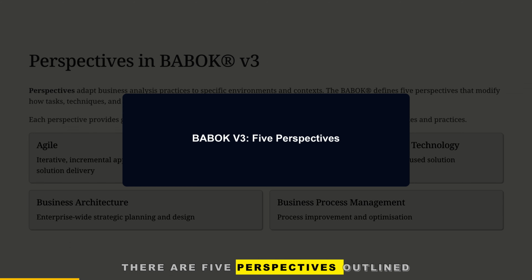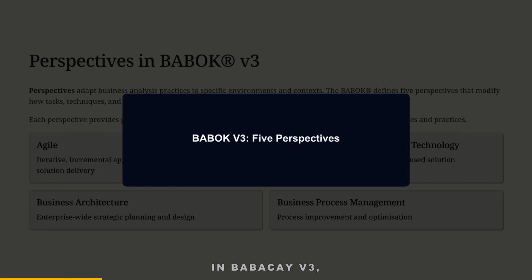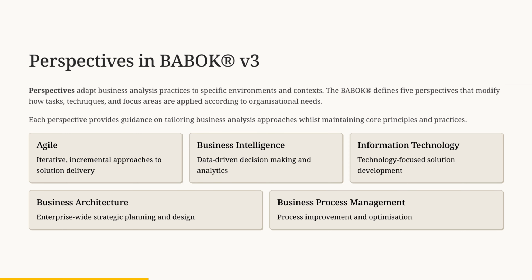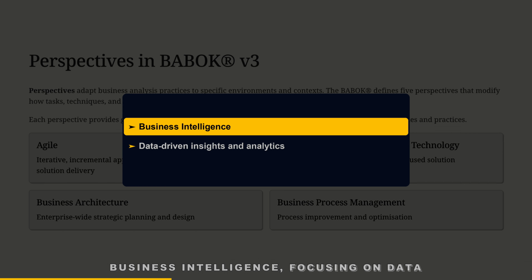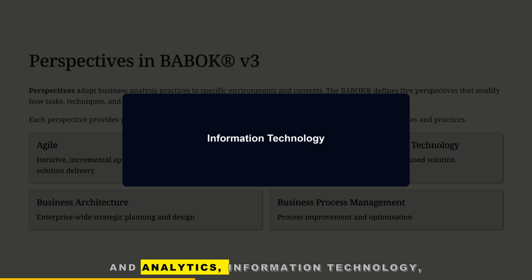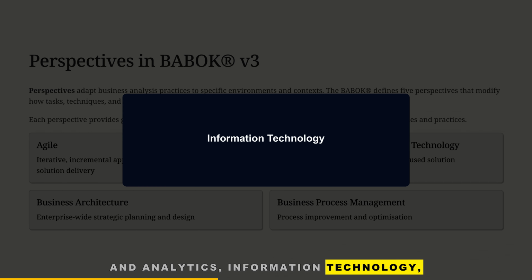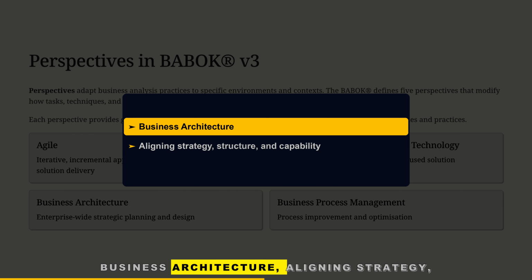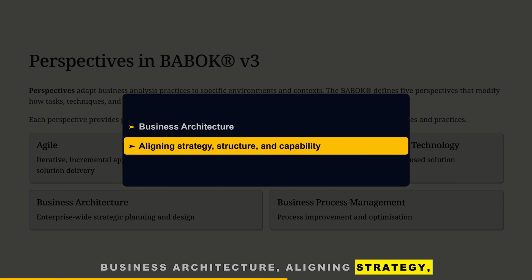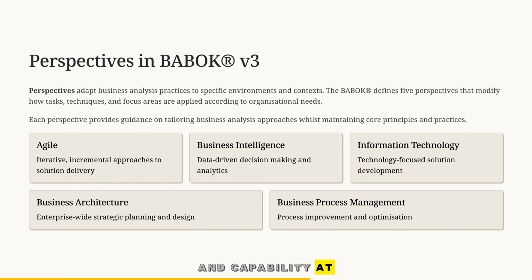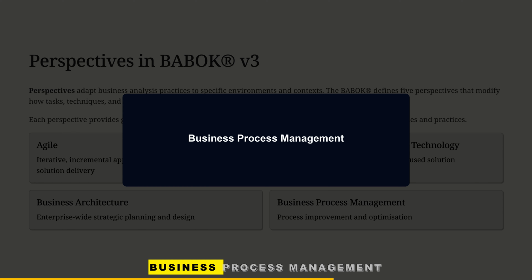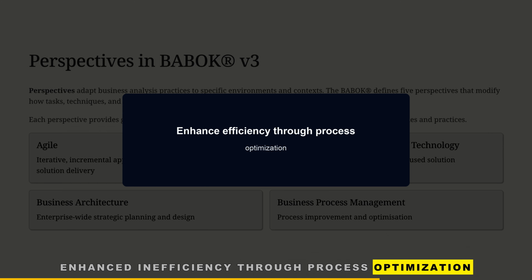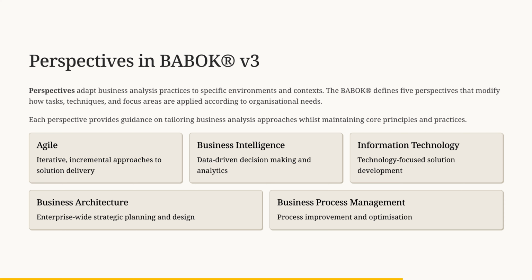There are 5 perspectives outlined in BABOK V3: Agile, emphasizing iterative, adaptive delivery of value; business intelligence, focusing on data-driven insights and analytics; information technology, centering on technical solution development; business architecture, aligning strategy, structure, and capability at the enterprise level; business process management, enhancing efficiency through process optimization and continuous improvement.